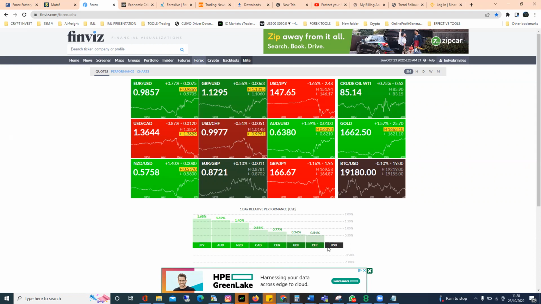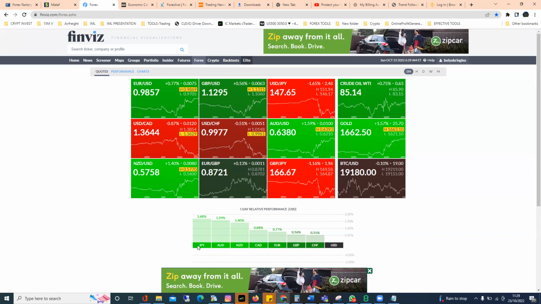Okay, so we are back in a risk-on environment, because all the commodity pairs are becoming stronger than even the greenback. I mean, yen is a safe haven as well in a way, but for this particular reason, there's a divergence.